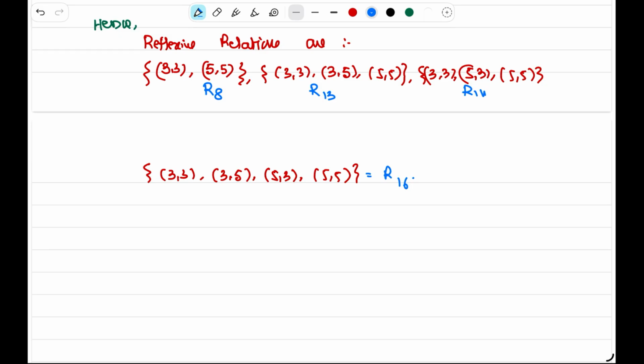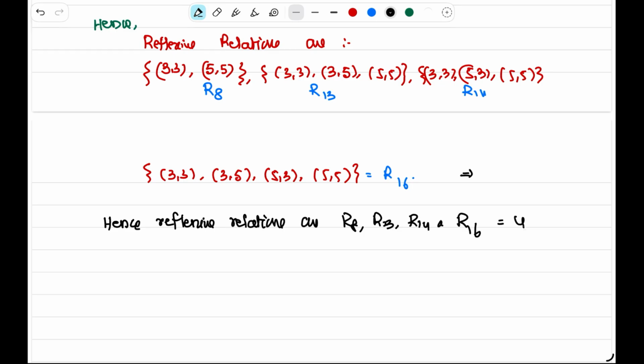That means R8, R13, R14 and R16. Hence, reflexive relations are R8, R13, R14 and R16. They are 4 in number.